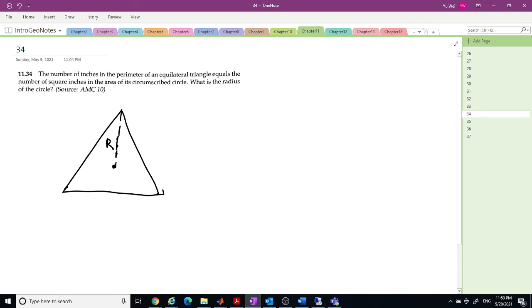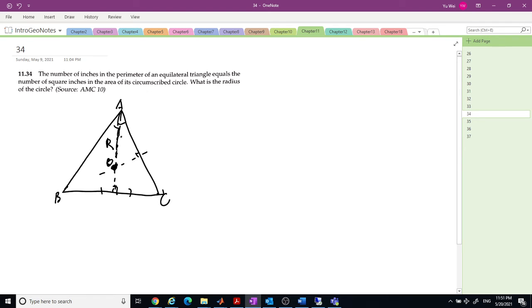Okay, this is the intersection of the 3 perpendicular bisectors, because this is an equilateral triangle. So we know the perpendicular bisector here is also the angle bisector, also the median. And the other thing is, this center is also the centroid.